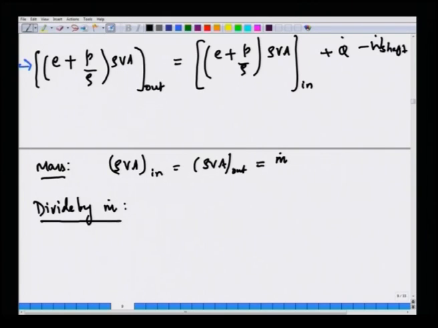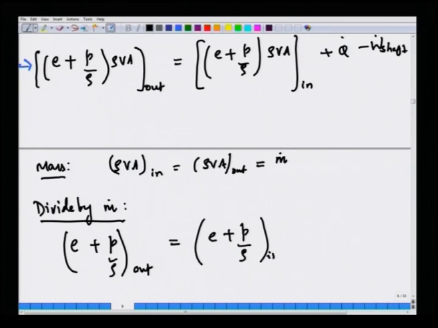throughout to give E plus P by rho at outlet is E plus P by rho at inlet plus small q, which is essentially q dot by m dot, minus small w shaft, which is essentially w dot by m dot.